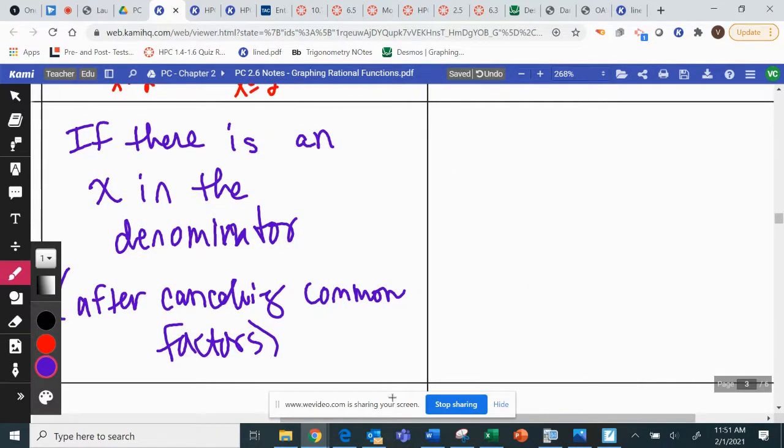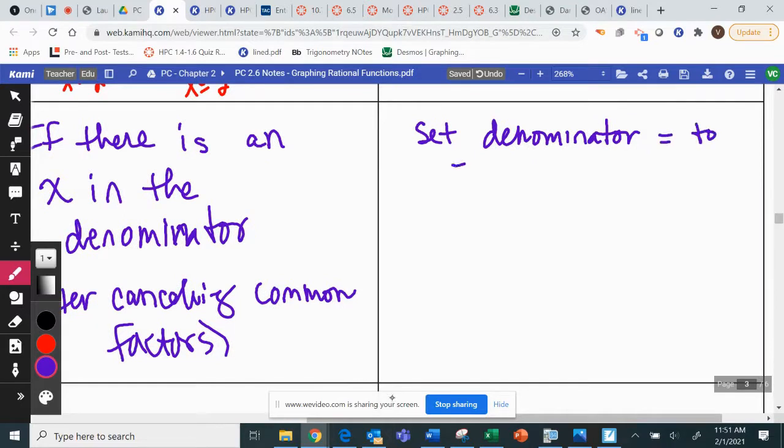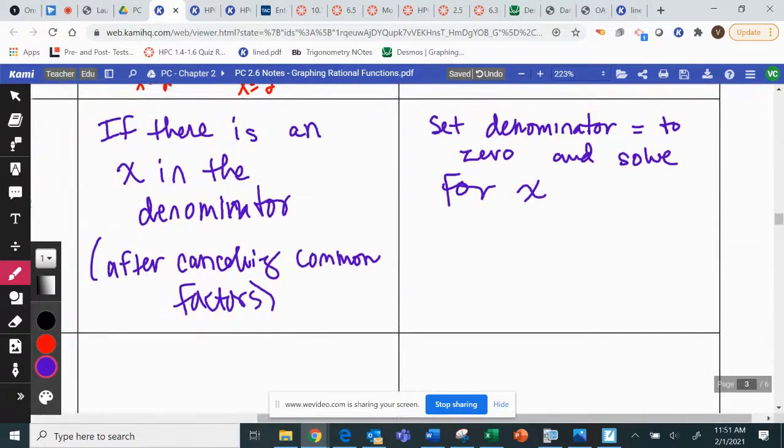And then how to find it? Set the denominator equal to 0 and solve for x. So if there's an x in the denominator, you will have a vertical asymptote. When you set the denominator by itself equal to 0 and solve for x, you will find any vertical asymptote.